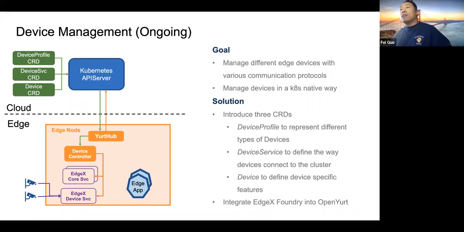The device service is a CRD that defines the way the device connects to the cluster. Basically, it points to the device services provided by the vendor and running on the node, so that the controller on the cloud side can access those devices.